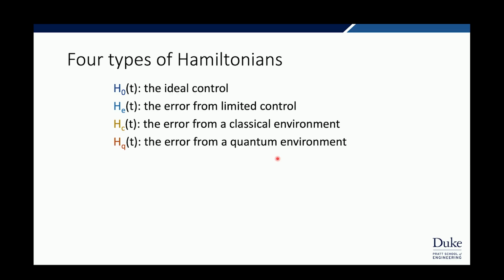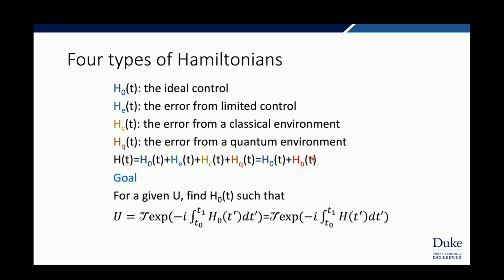And then the Hamiltonian from a quantum environment, which will generate that entanglement. And then we just write down this thing. I just separate it into good, H0, and everything else is bad. So this is no problem. All I do is find some set of evolution such that I get out what I wanted from the good Hamiltonian, even though I have the bad Hamiltonian.